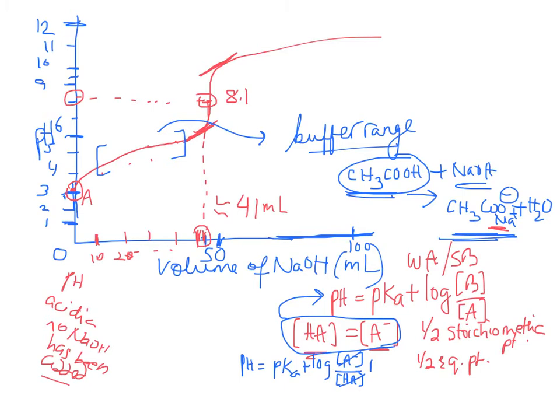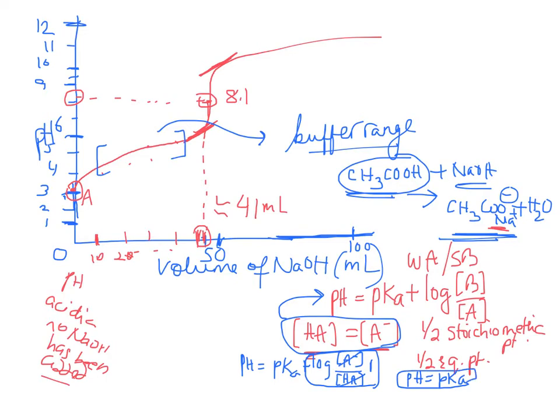It's 0. So that term itself is not going to count. And you can simply say that the pH is going to be equal to pKa. That means if you're able to measure the pH at that point, you would be able to determine the pKa of that solution.